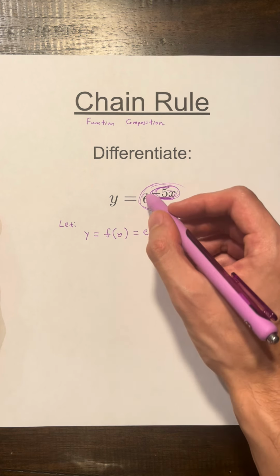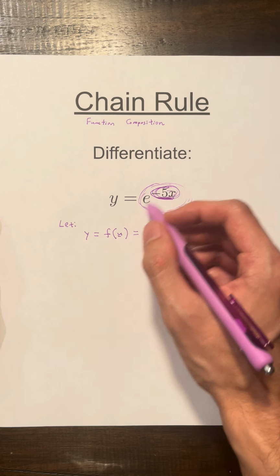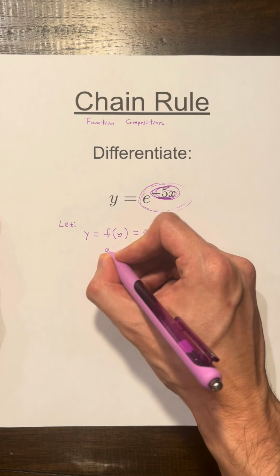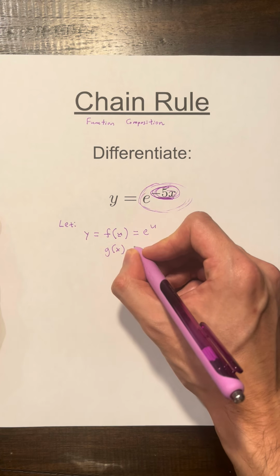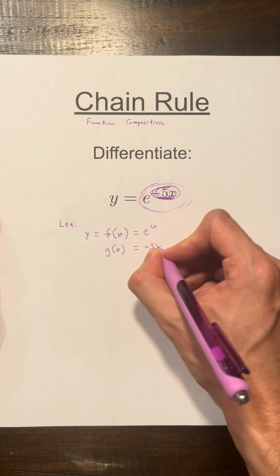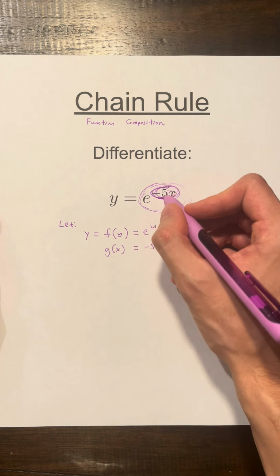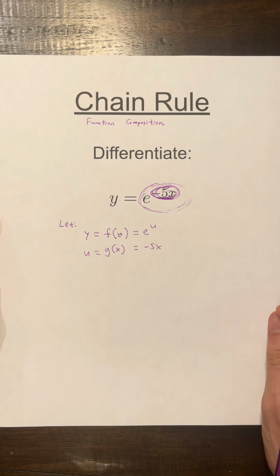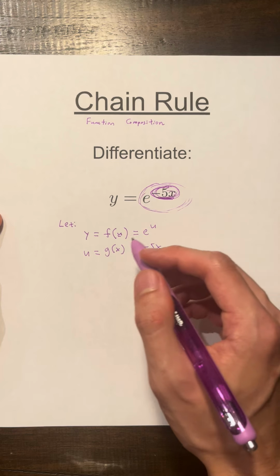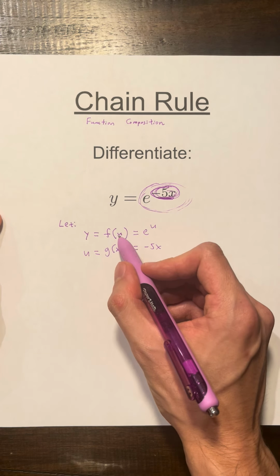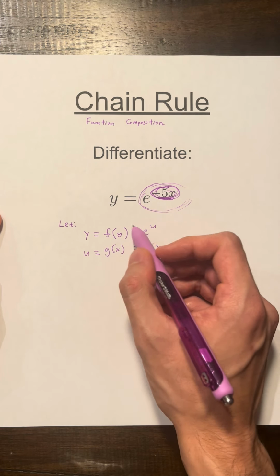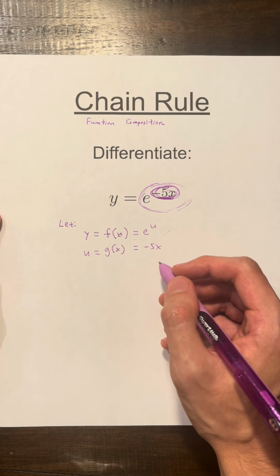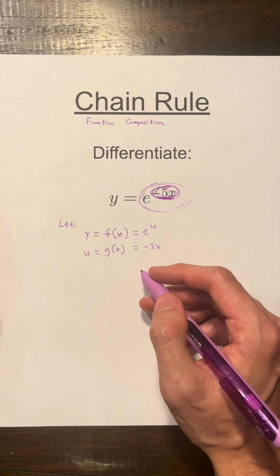I'm going to call the outside function f and the inside function g. Now the inside was also u. Okay. Now, if I were to change the u's in this equation to g of x, what would I get?